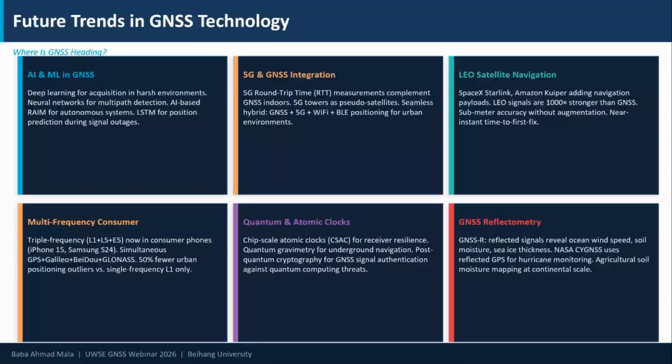The signals are 1,000 times stronger than GNSS. Adding a navigation payload to these communication satellites could provide robust, high-accuracy positioning even in challenging environments.